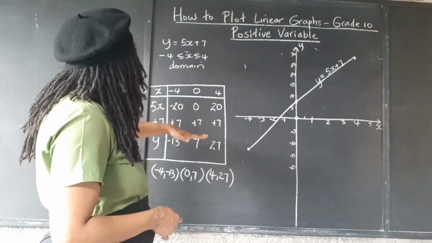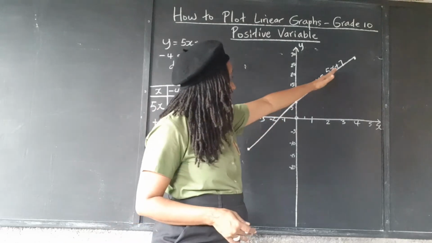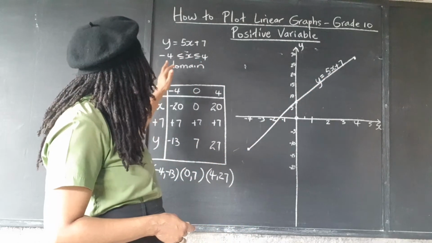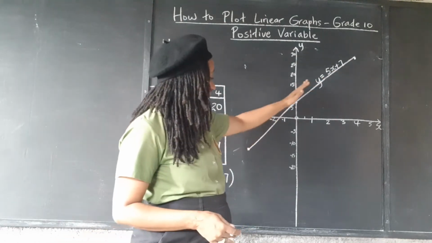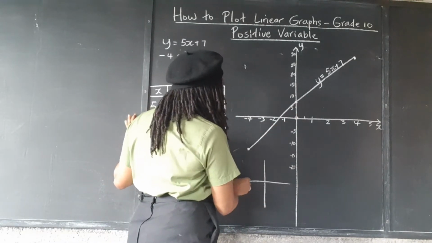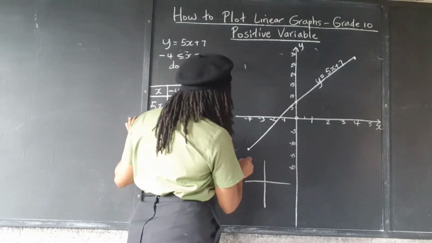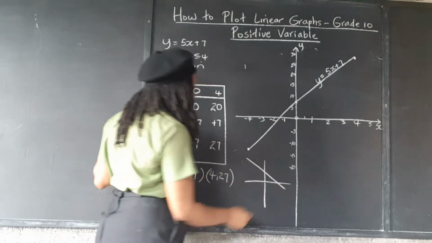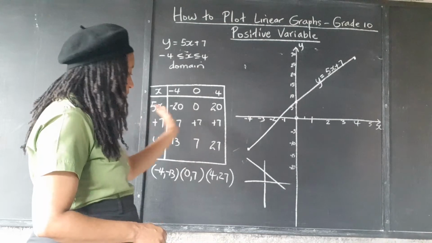So it will be inclined like this. When the variable is positive, this is how it's inclined. When we did the graph in the last video and the variable was negative, it was inclined that way. Right? It was inclined like that.